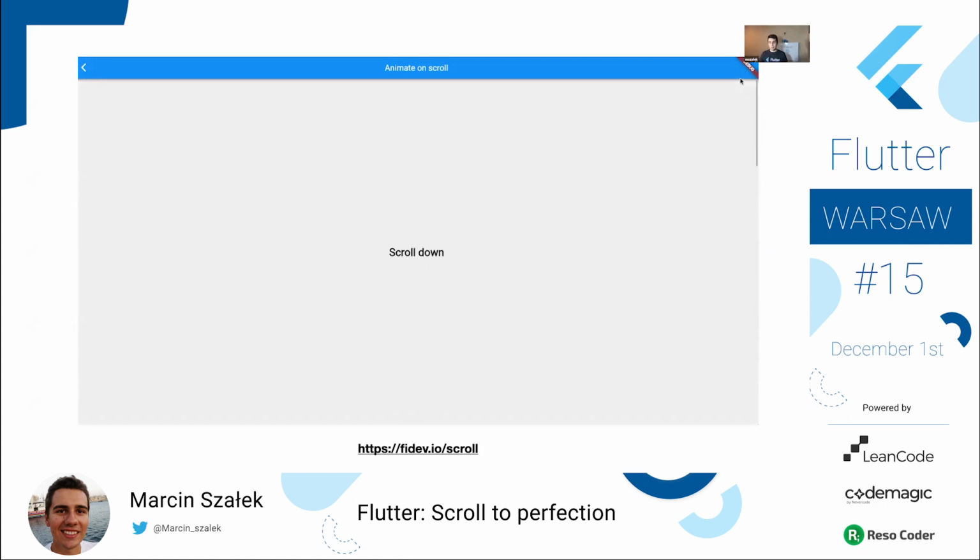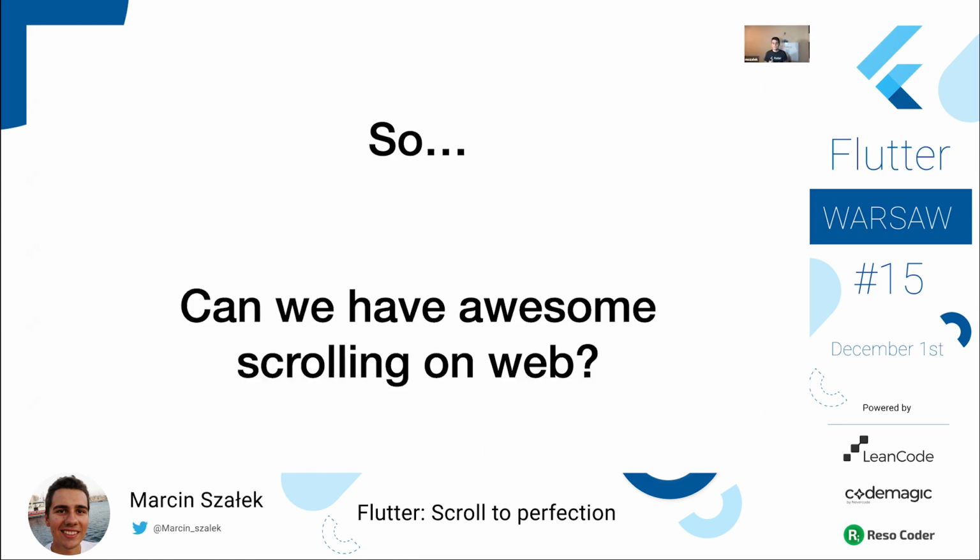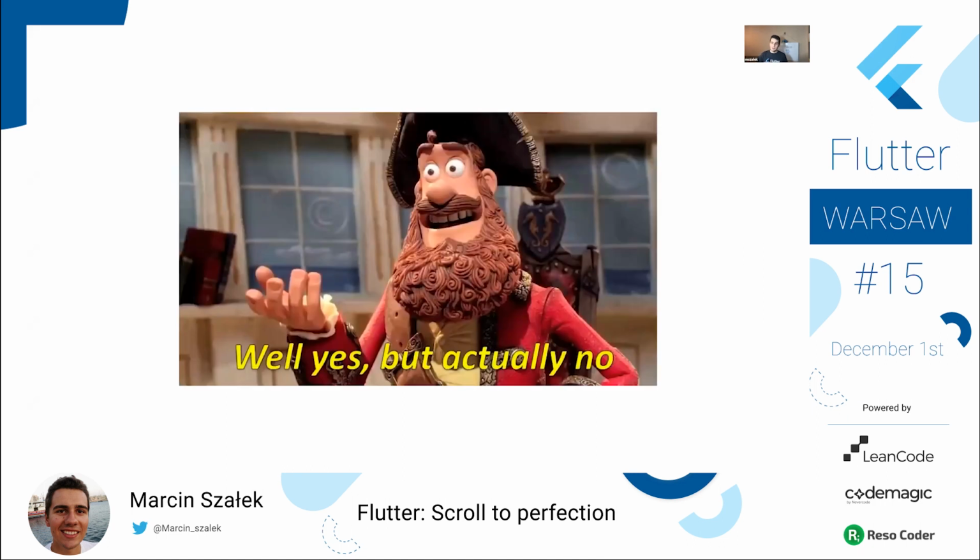Yeah, so the question that I think should be answered here is, so can we have awesome scrolling on web? And the answer is, well, yes, but not really. And you may be now wondering, I've been talking for like 30 minutes of how easy it is to use scrolling in Flutter and how easy it is to have these awesome effects.